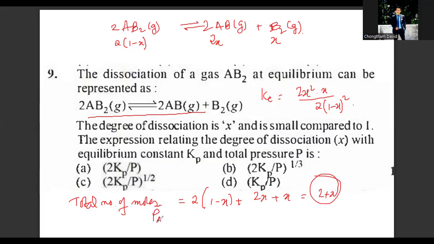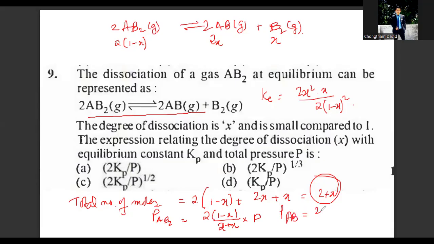So the pressure of AB2 gas would be 1 minus x divided by 2 plus x, into the pressure P, where P represents the total pressure. In the same way, we can find the pressure for AB as well as B2.